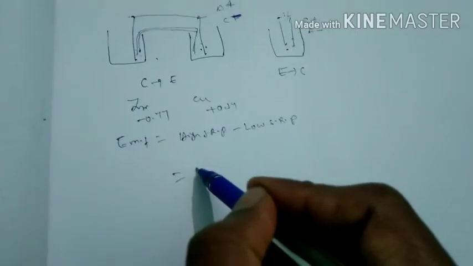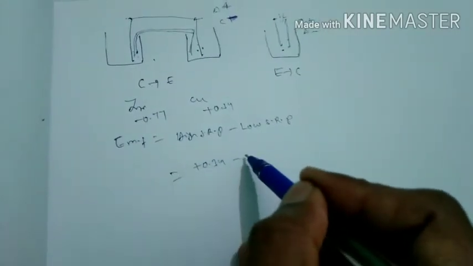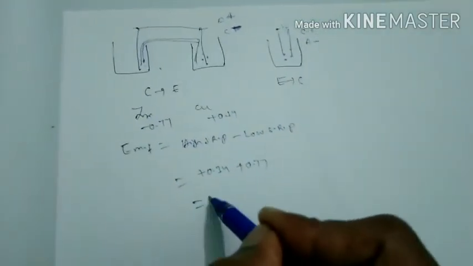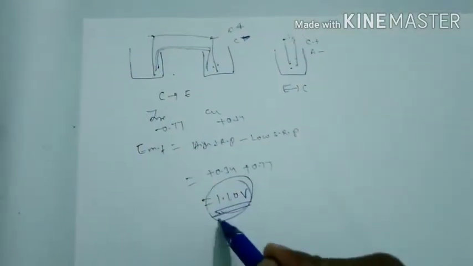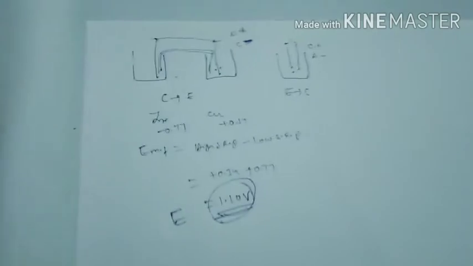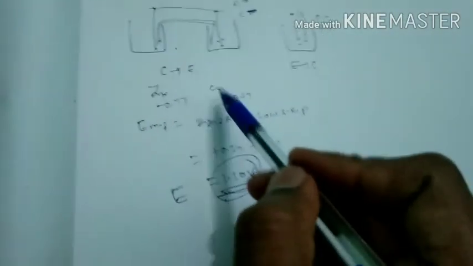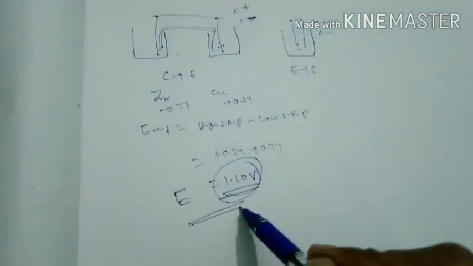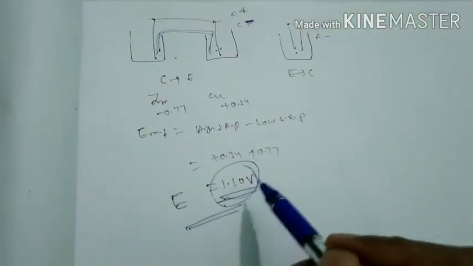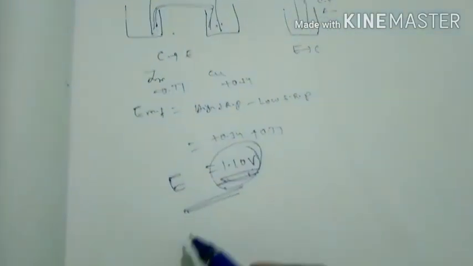So 0.34 minus of minus 0.76 gives 1.10 volts. This is the electromotive force, or electrode potential, of the galvanic cell. When zinc and copper are taken in a galvanic cell, the EMF of the galvanic cell is 1.10 volts. Here, the point is that there are 3 cases.